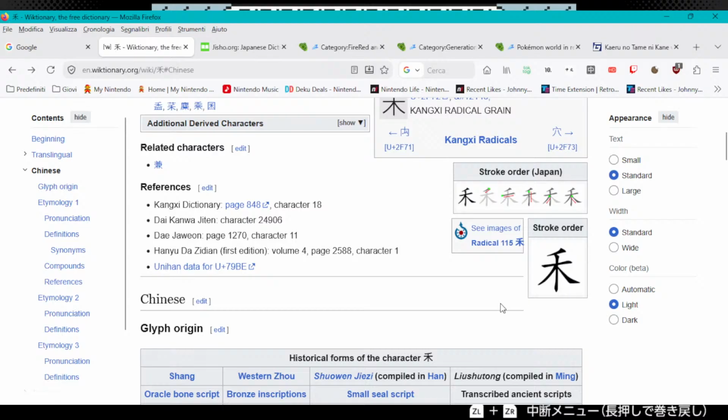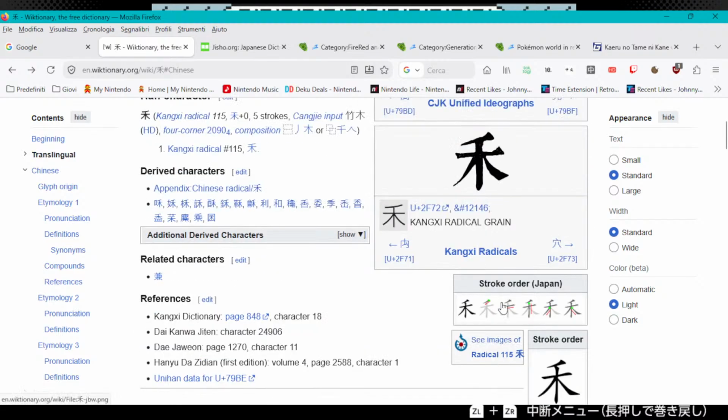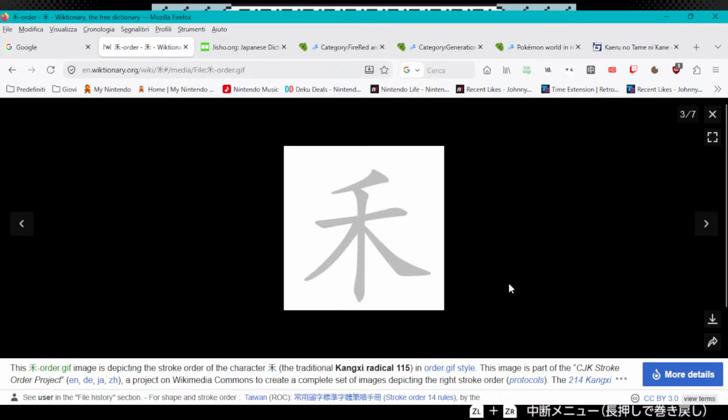I want to check actually, because it's the same. Not sure why it mentions Japan there. I think they simply specified it. In other cases, we have seen that there might be differences in the stroke order between Japanese, Chinese, and so on.